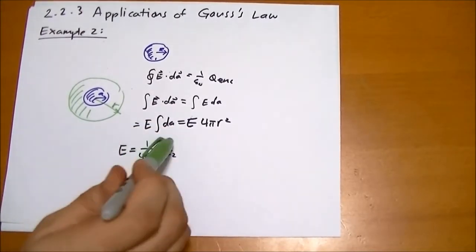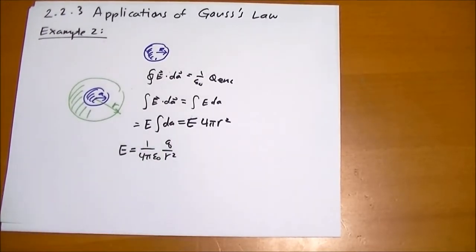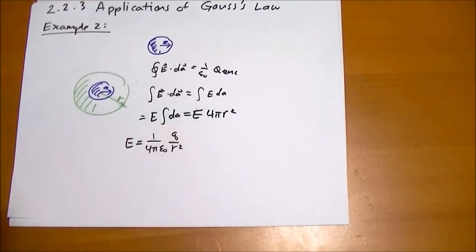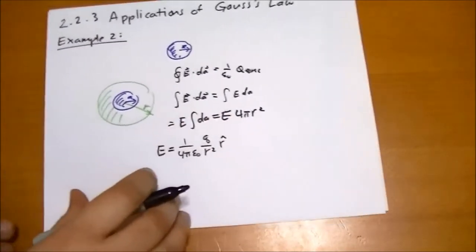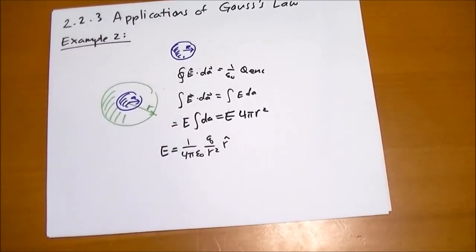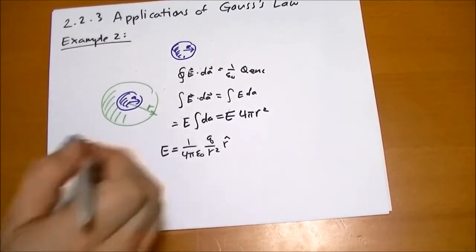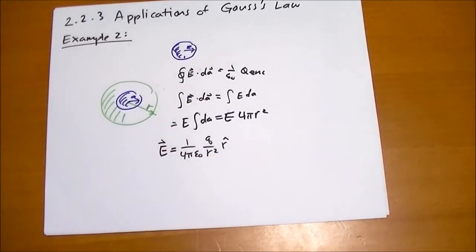So the Q and the epsilon naught come from Gauss's law, and the 4 pi r squared comes from the surface area of that Gaussian surface that we've used. Which direction does it point? Well, obviously it points outward, given that it has a positive charge on the inside. There you go. We've solved the electric field for a sphere with surface charge of total Q.